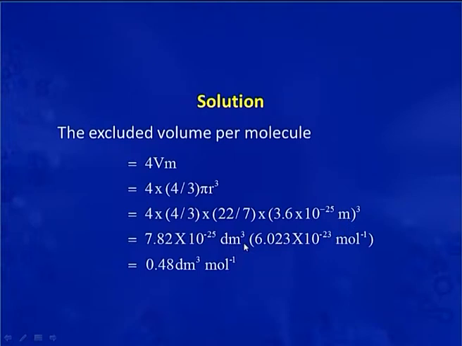Now, you have to calculate the value of excluded volume per mole. So, multiply this value by Avogadro's number, that is 6.023 into 10 to the power 23 per mole, which is equal to 0.48 dm cube per mole. So, that is the solution of this question.